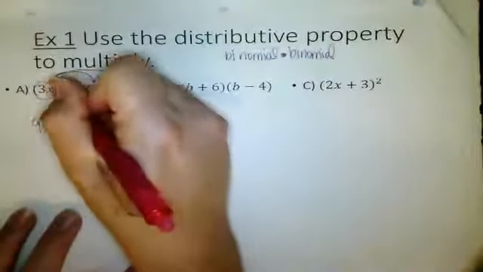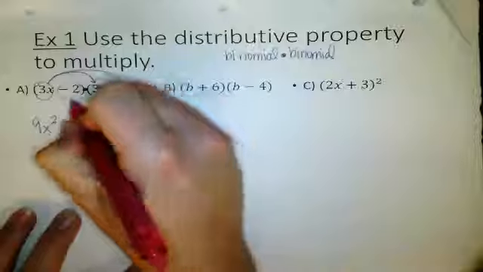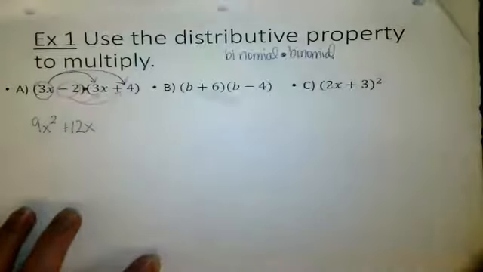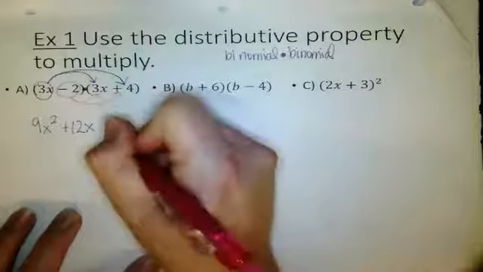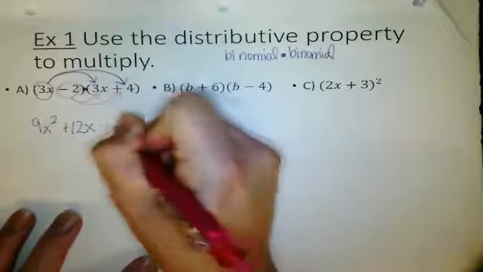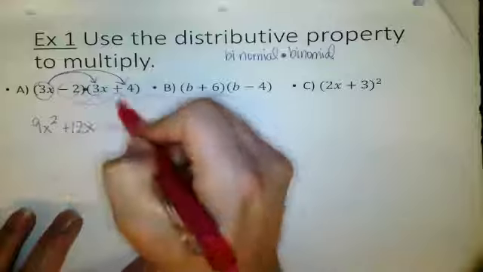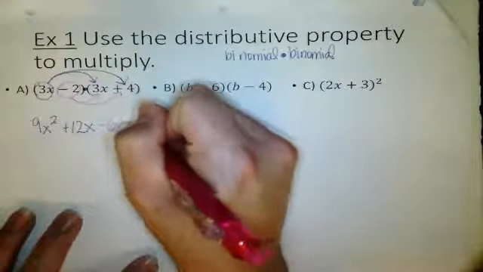Now, we also have to distribute the negative 2 to everybody over here. So everybody's introduced to one another. Negative 2 times 3x, negative 6x. And negative 2 times positive 4, negative 8.